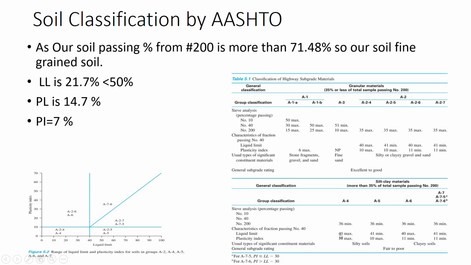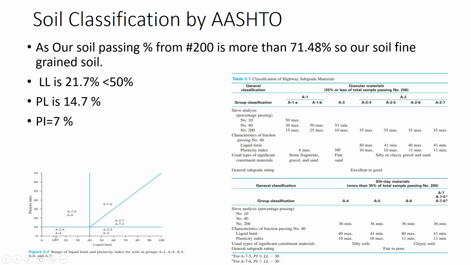PI of our soil is around 7, and this group's upper limit is around 10%. So this group is already neglected, and this is already neglected because it is the lower limit, and this is already neglected in the liquid limit portion. So our type of material is around A4 type material.